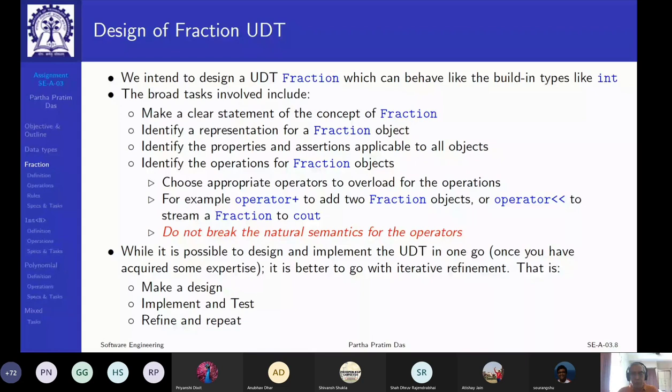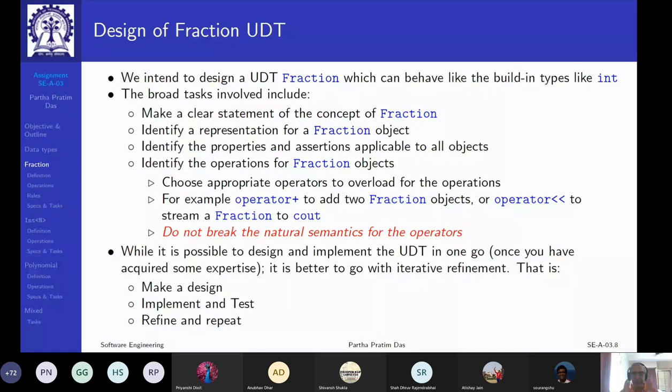So while it is possible to design and implement the UDT in one go, maybe if you have the expertise and the intelligence to do that, usually it is always better to go with iterative refinement. That is, make a design from the specification, implement that, test that, and then refine and repeat that process.